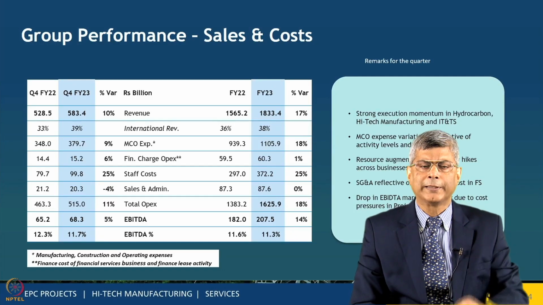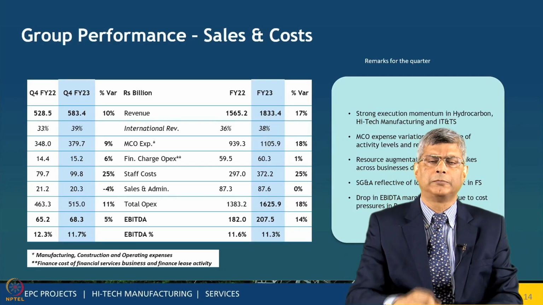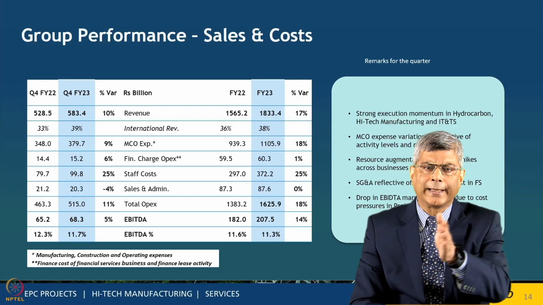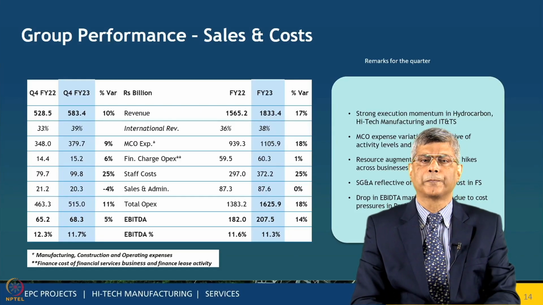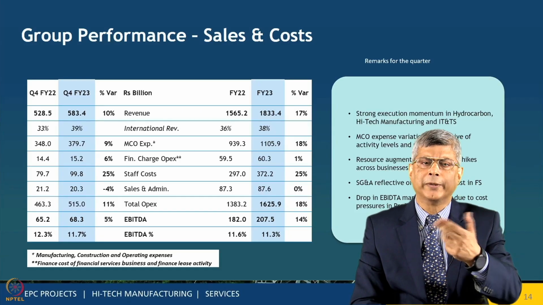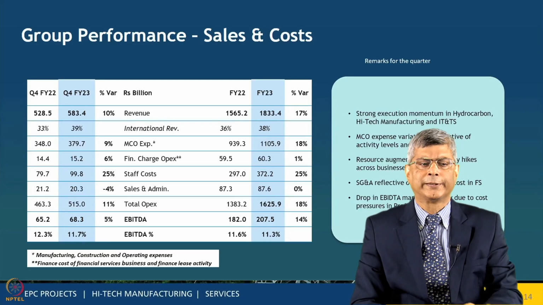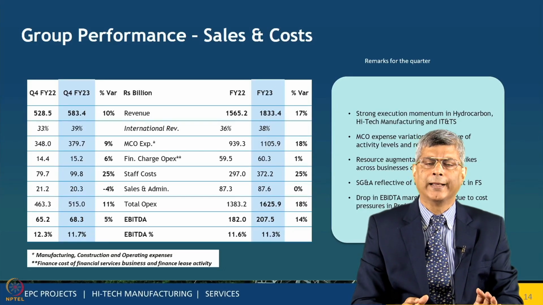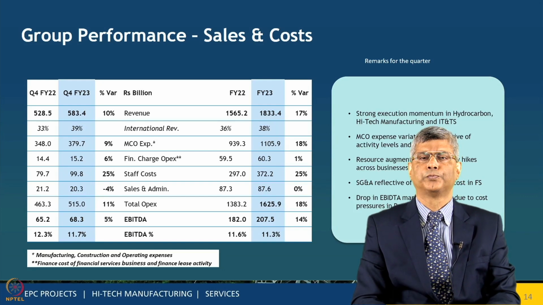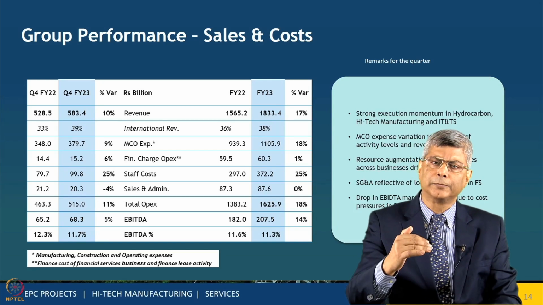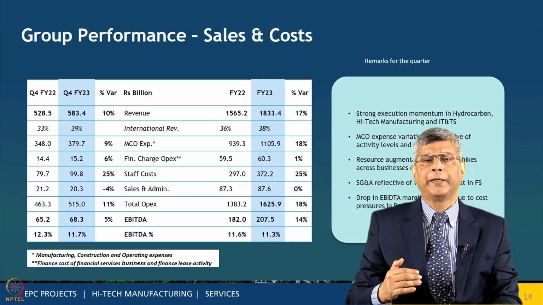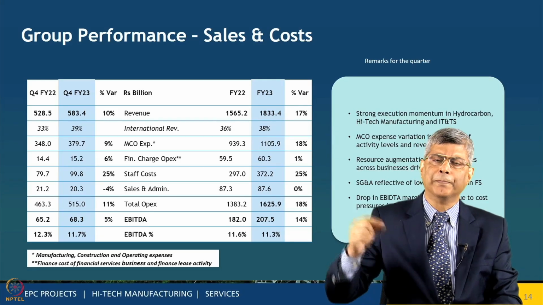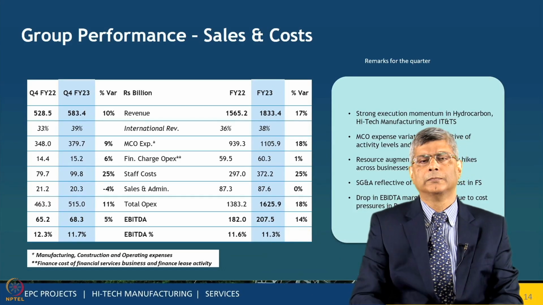And then you have got other parameters. But without getting into much detail, now let's look at the costs. And then you start looking at cost items such as MCO expense. If you look right at the bottom, you'll see MCO is manufacturing, construction, and operating expenses. But it's an expense. Just like if I make a cup of tea, I have an expense on milk, sugar, and tea.